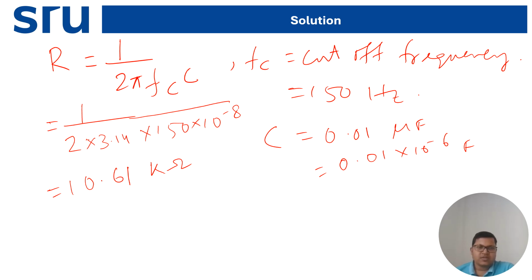In that case it will not match the value exactly, but in reality we mostly use a 10 kilo ohm resistor. This is how we can find the value of the resistor for this kind of low pass filter. Now we will see the circuit diagram for this.